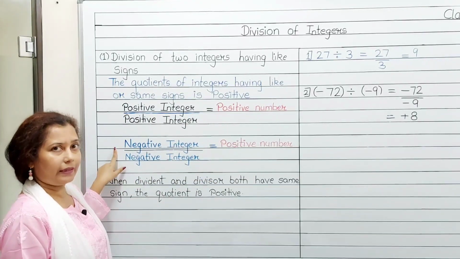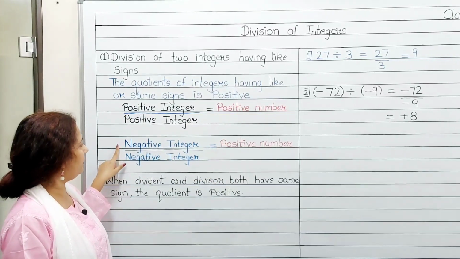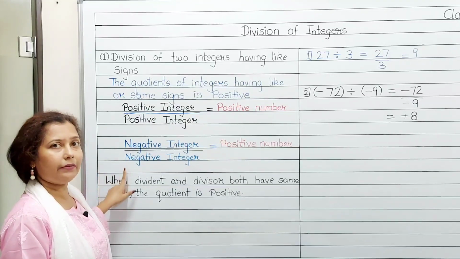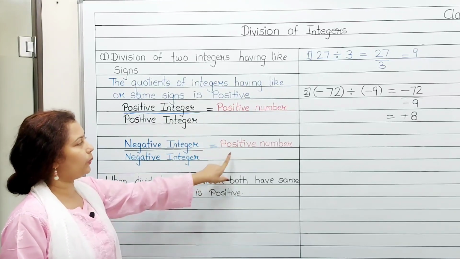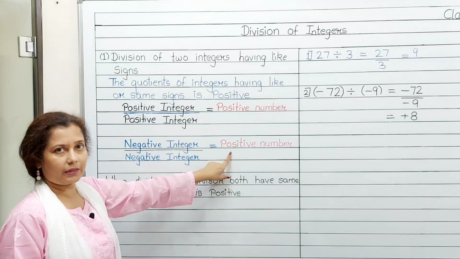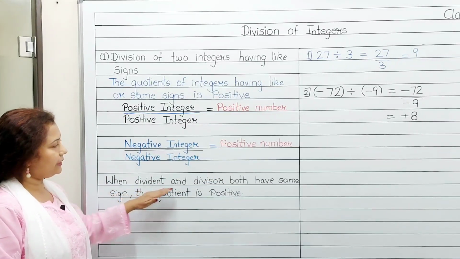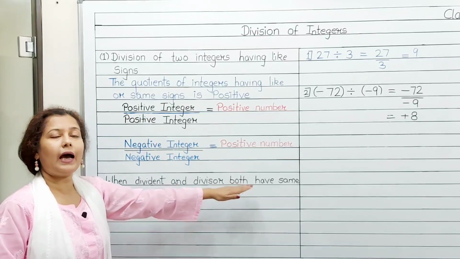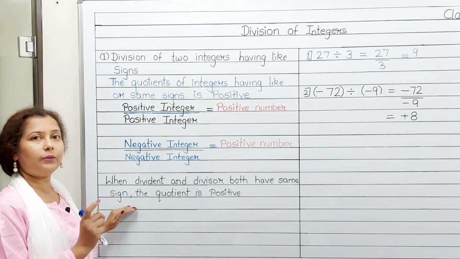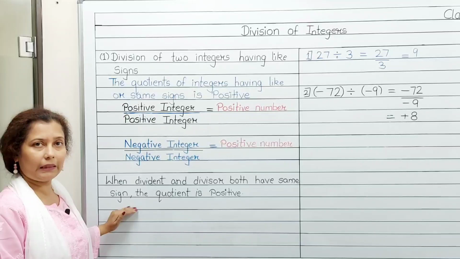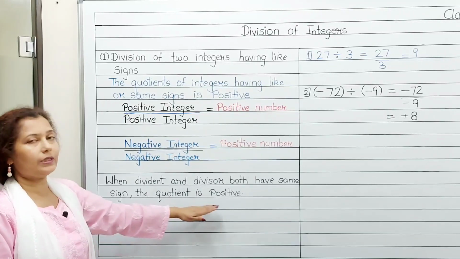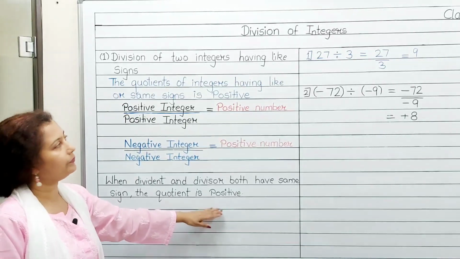Again, when the dividend is negative and the divisor is negative, the quotient will be positive. So finally we have to remember, when the dividend and divisor both have the same sign, either both positive or both negative, the quotient is always positive.